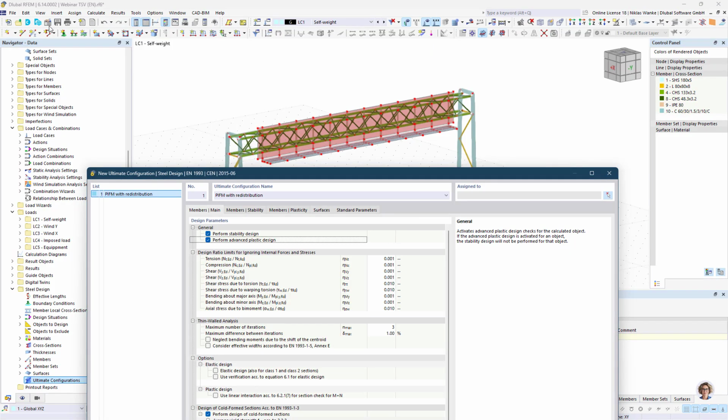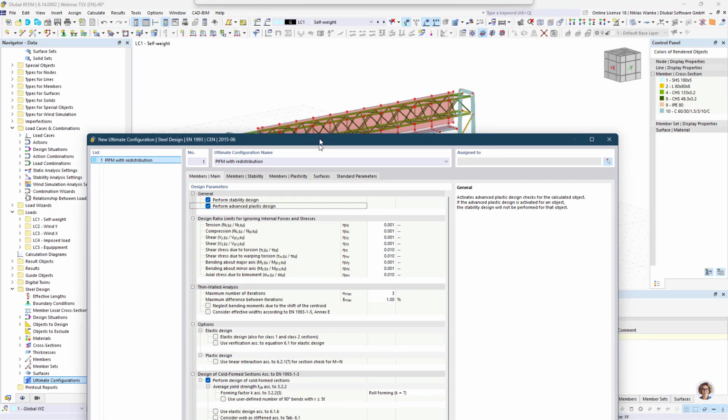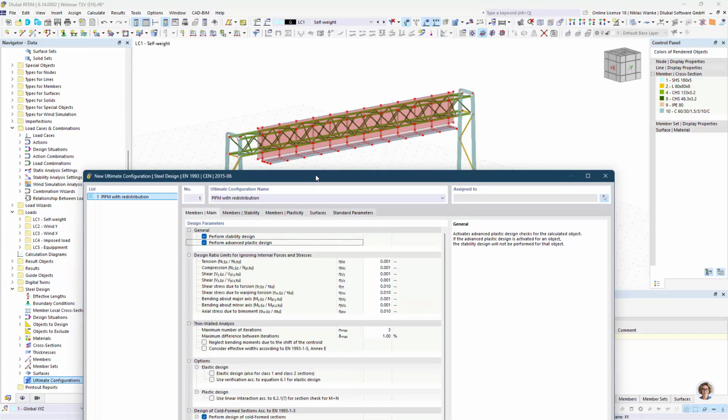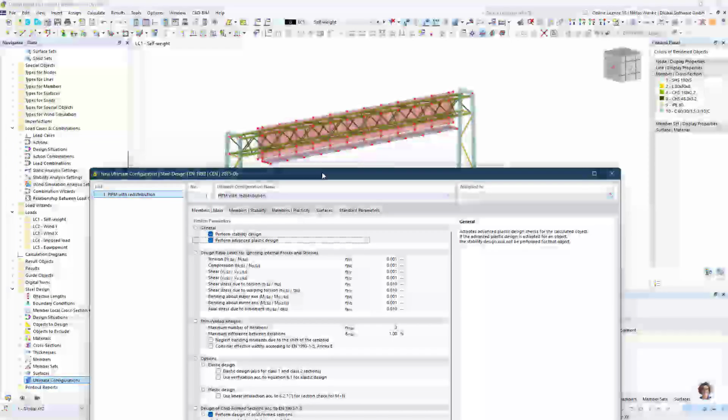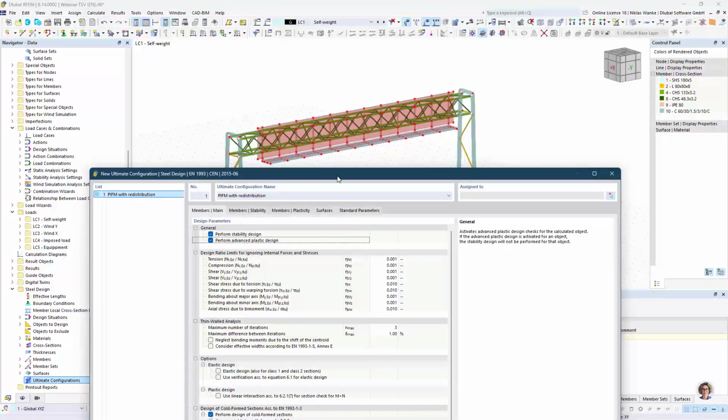And as I showed you, also this condition is already fulfilled in the system. Then we have the condition that we need to consider imperfections, local and global ones. And also that is something I have already considered with these two imperfection cases. But as I already mentioned, we would have to do this in more detail if this would be a real project. But for the moment, we will take this as it is.